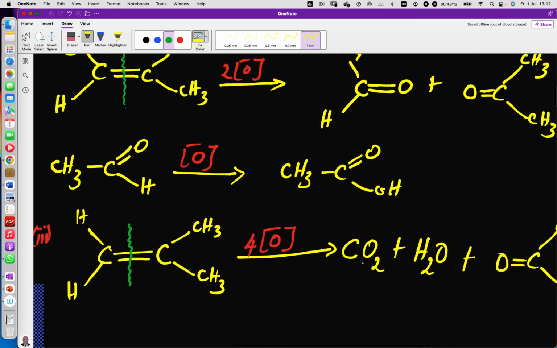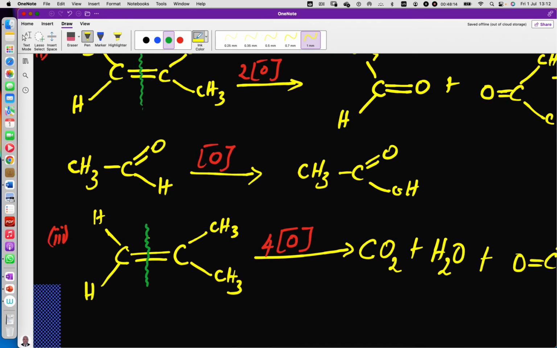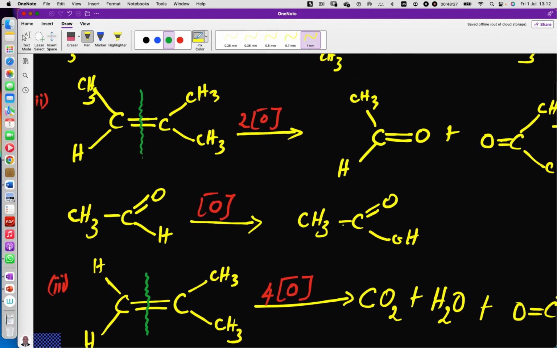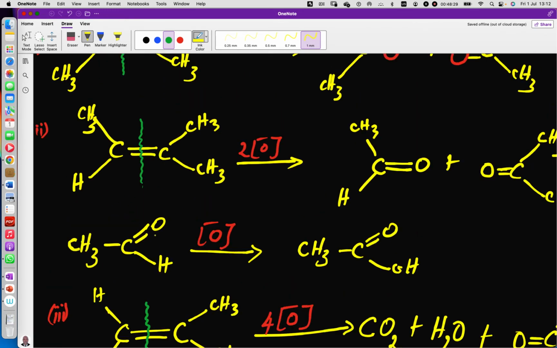So the condition here is that when one end has only hydrogen and a carbon, that end is converted to carbon dioxide and water. Where there is an aldehyde group, it is converted to carboxylic acids.